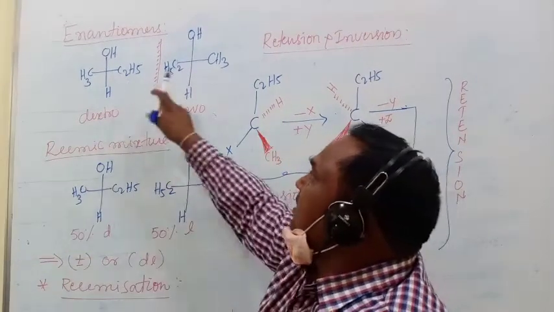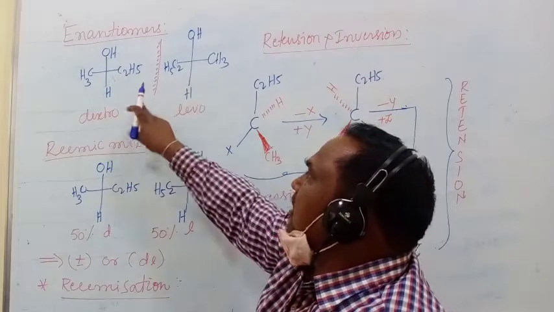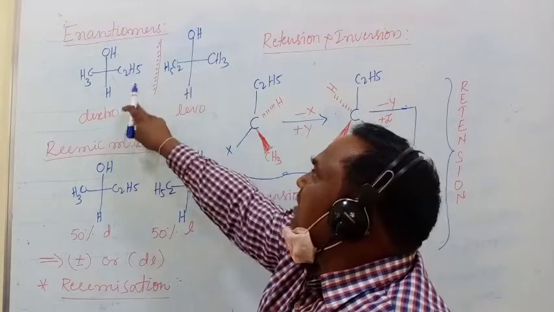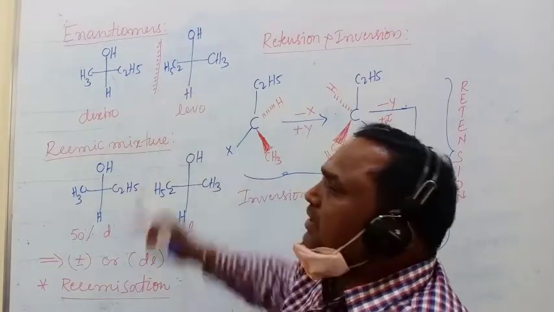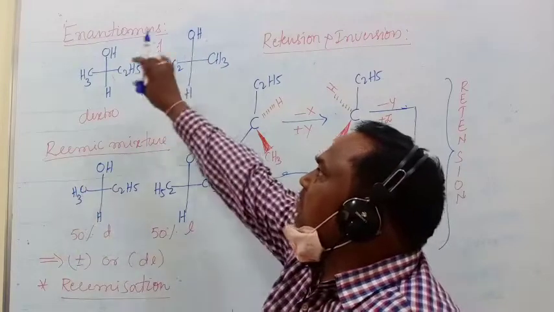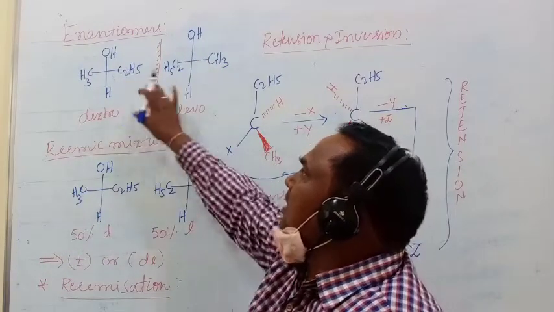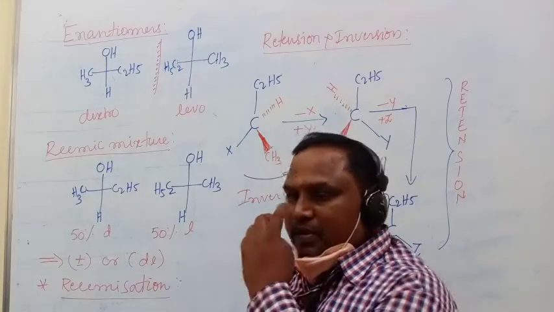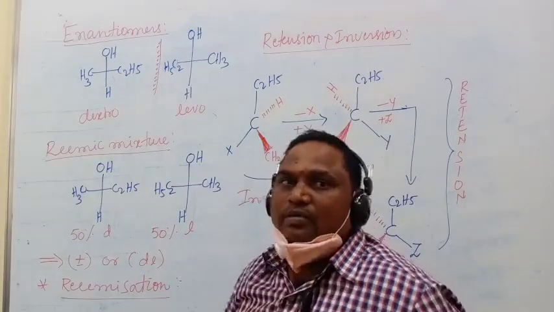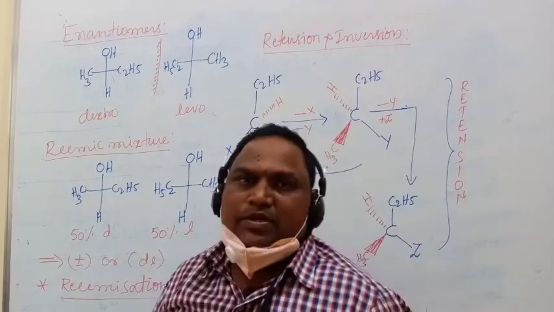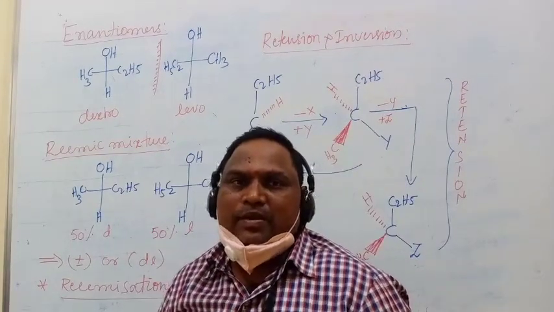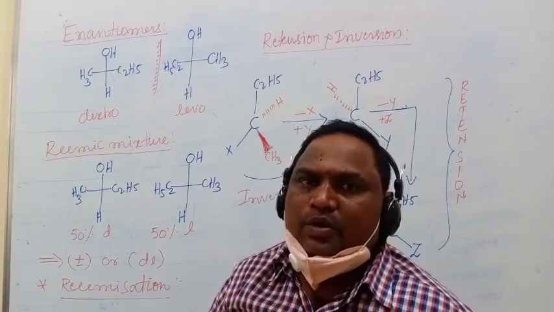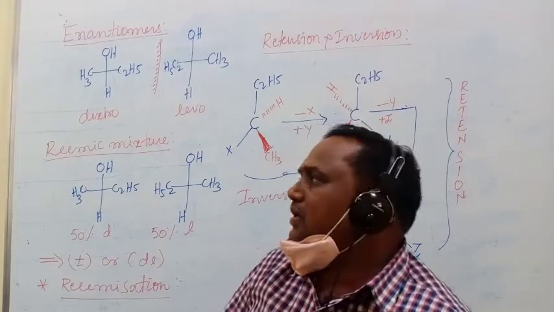These are the two isomers which are mirror images of each other. If I keep one over the other, they are non-superimposable. That's why they are called enantiomers. Enantiomers are a pair of isomers which are non-superimposable to each other.